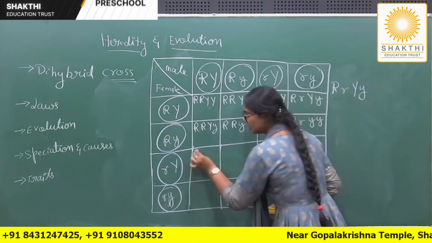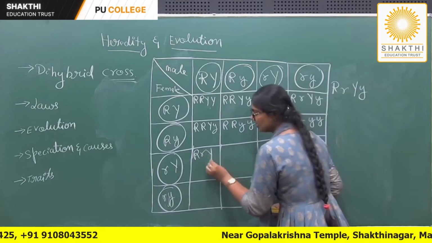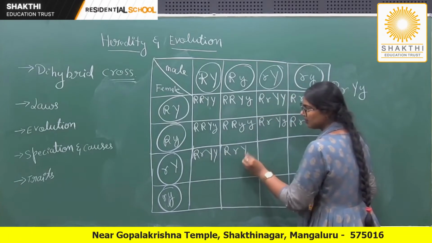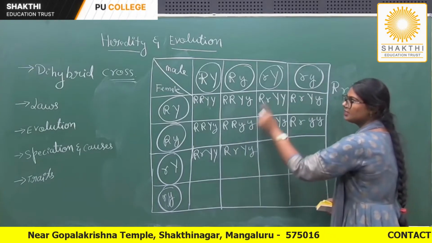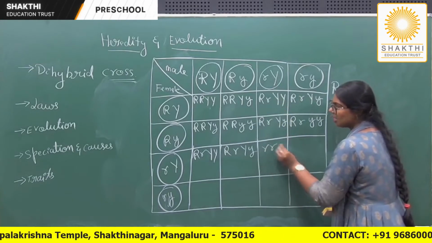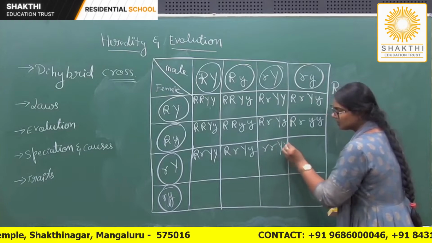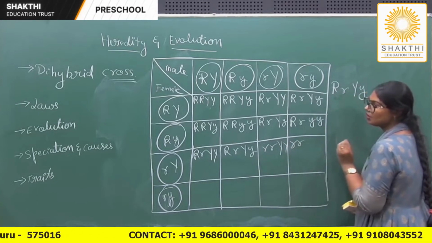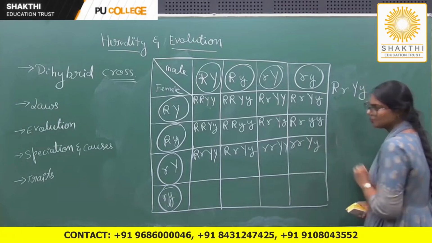Next we have capital R, small r, capital Y, capital R, small r, capital Y, small y. Very easy. Next we have small r, capital Y, and last we have small r, capital Y, small y.